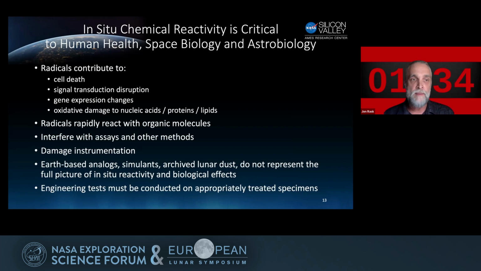And it's important to remember that radicals contribute to cell death. They contribute to signal transduction disruption, gene expression changes, and oxidative damage to nucleic acids, proteins, and lipids. And this is important in the whole scope of all biology.